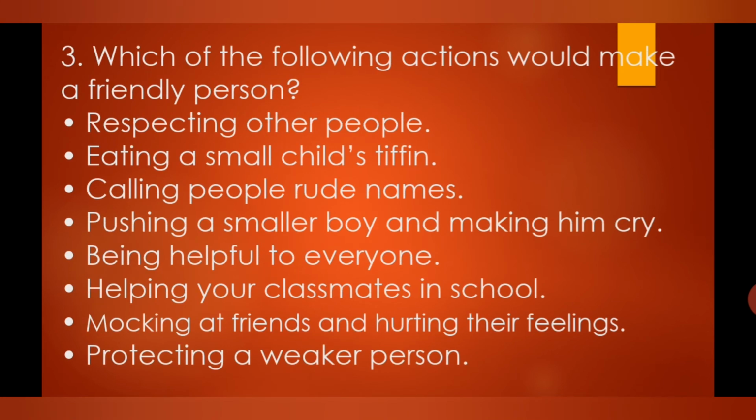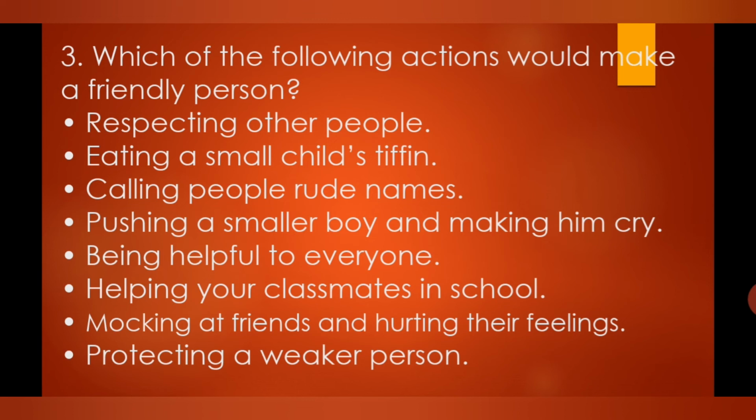Next, which of the following actions would make a friendly person? Okay, tell me. Respecting other people, eating a small child's tiffin, calling people rude names, pushing a smaller boy and making him cry, being helpful to everyone, helping your classmates in school, mocking friends and hurting their feelings, or protecting a weaker person.